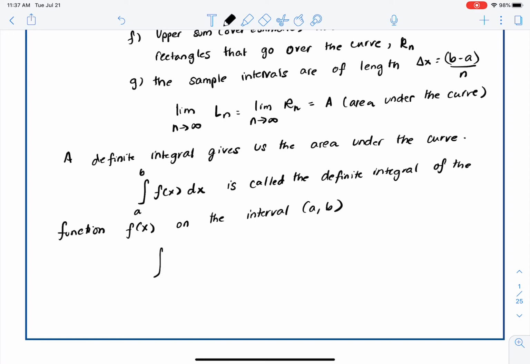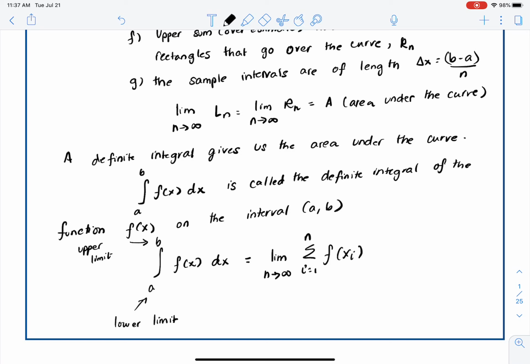So here, that is the lower limit, and that would be the upper limit. And by all means, this is equal to the limit as n approaches infinity of the sum from i equals 1 to n of f of xi multiplied by delta x.